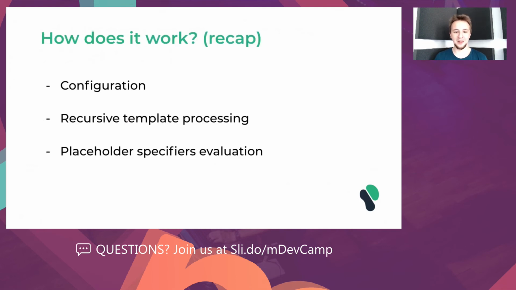All right. So just to recap, there are these 3 core components of the generator's processing: the configuration that should match the templates, recursive template processing, and placeholder specifiers evaluation. And that's basically everything that makes the generator so flexible and awesome.